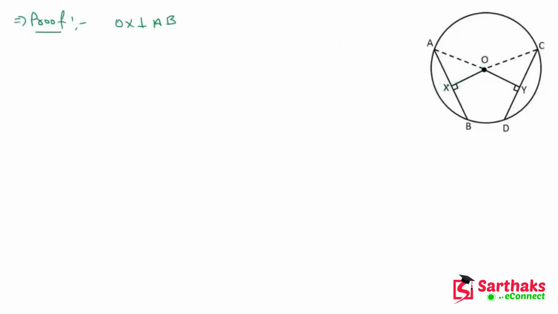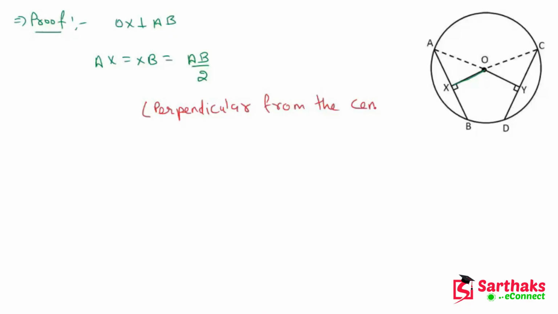So we can write AX is equal to XB is equal to AB upon 2. The reason is: the perpendicular from the center to the chord bisects the chord. This is the theorem we already proved.